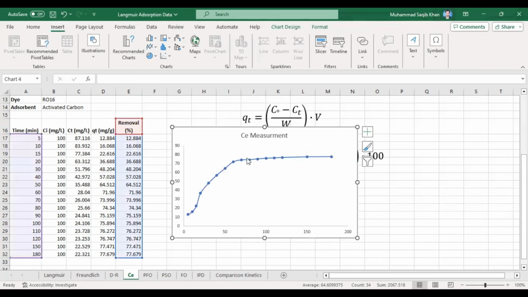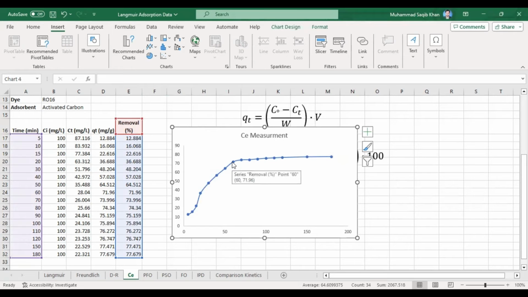There is no much removal. There is no much adsorption. If there was adsorption, these lines could go like this, but it is going in a straight line.